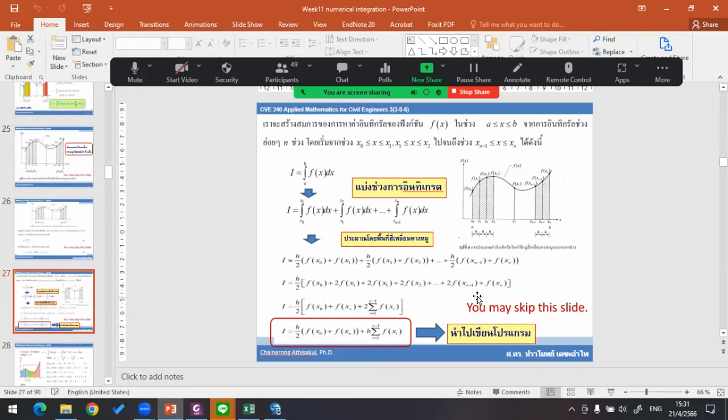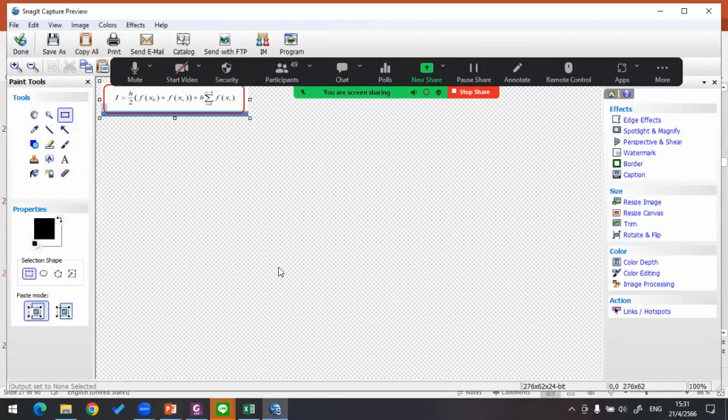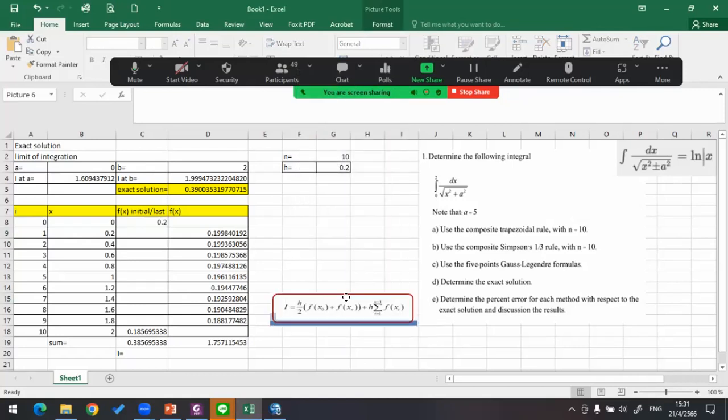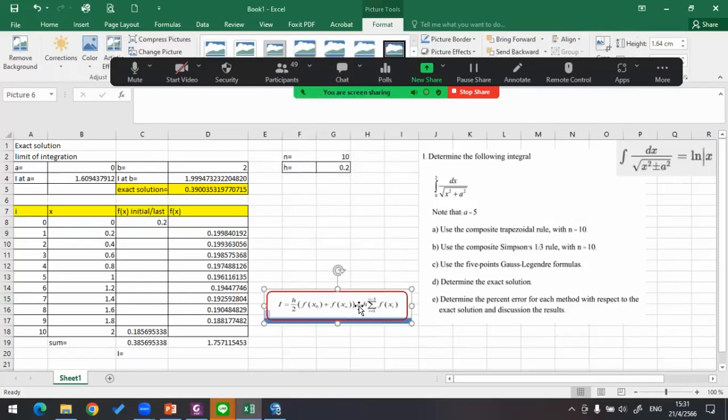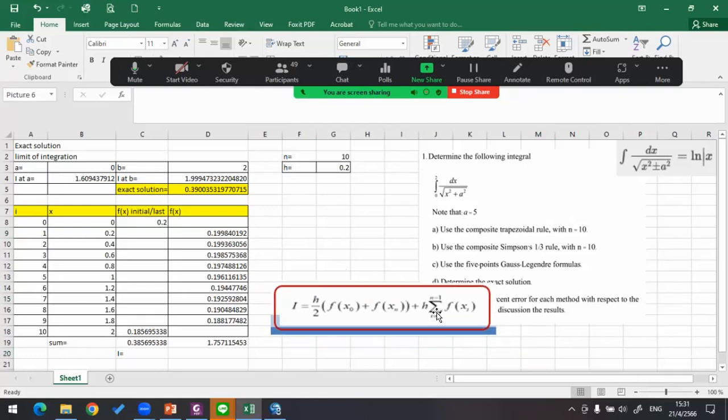Okay, then it should be this formula instead. That is maybe better. Actually, it is the same. Okay, I will use this formula instead.